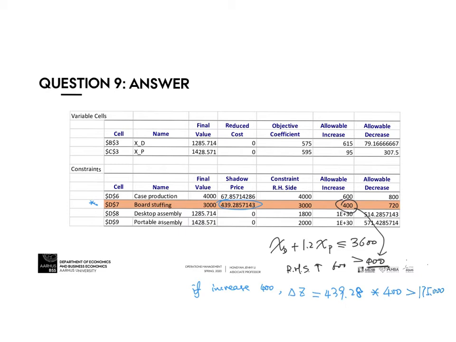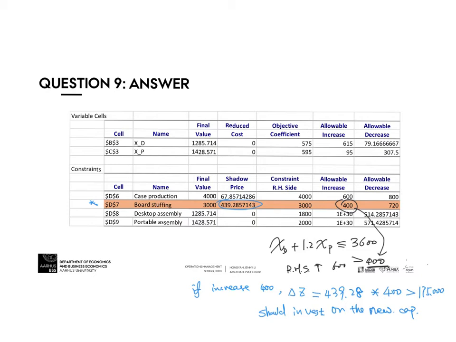So even if you increase capacity by 400 units, you can cover the cost of paying for extra capacity. That means you should invest in the new capacity.